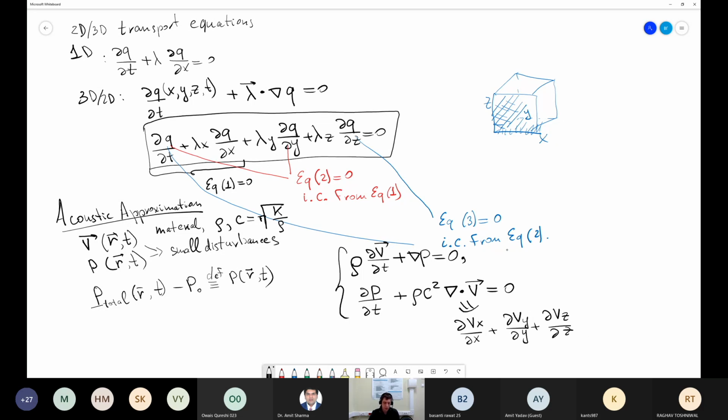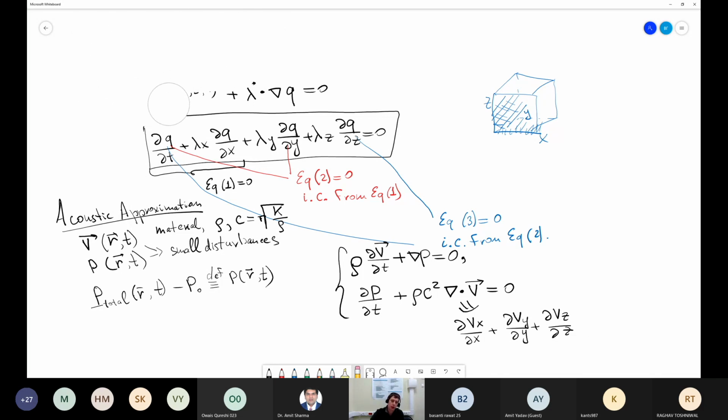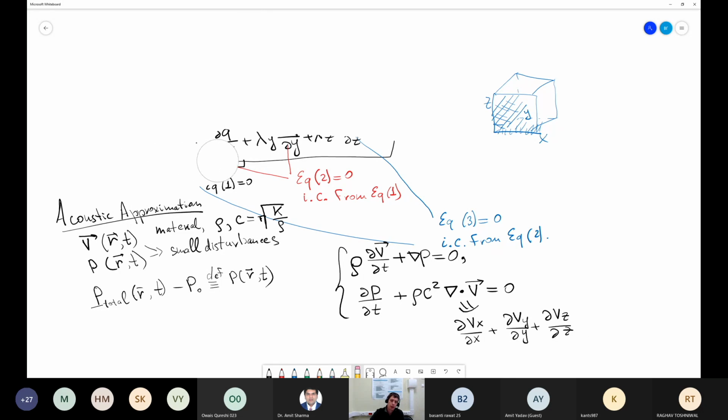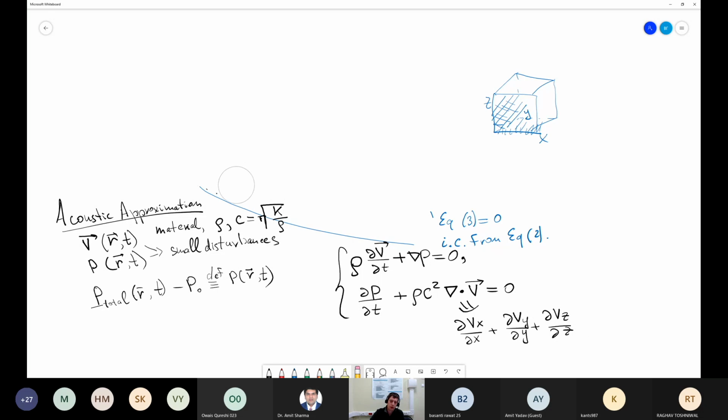So let's speak about the 1D case, because the trivial one is 1D. Let's obtain the system of equations that is valid for the 1D acoustic case.